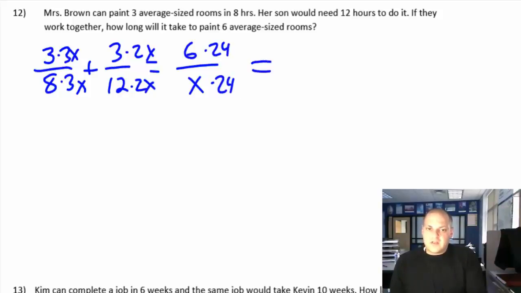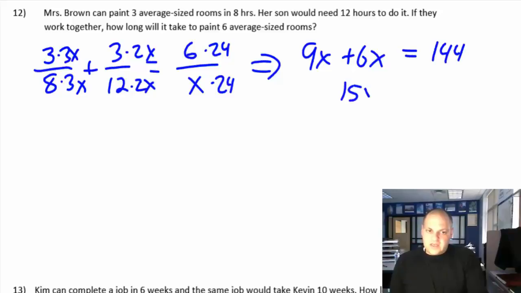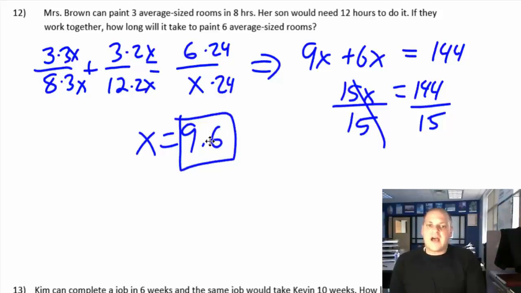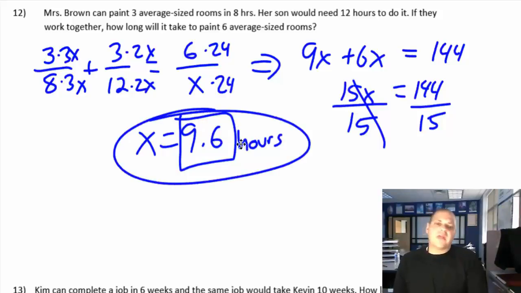All right, so this is going to give us 9x plus 6x equals 144, and then 15x equals 144, and then divide by 15. So x is going to be 9.6. So it'll take about 9.6 hours if they work together.